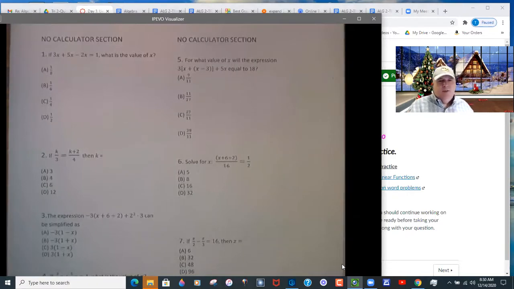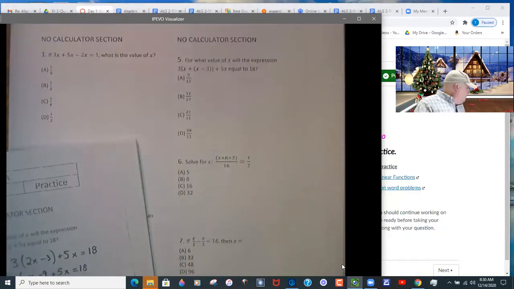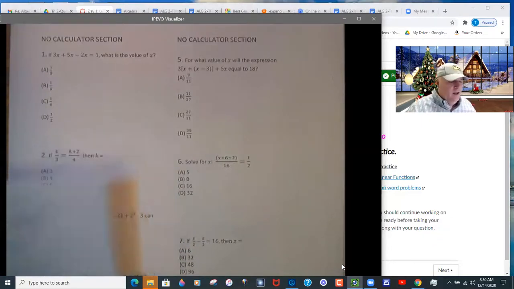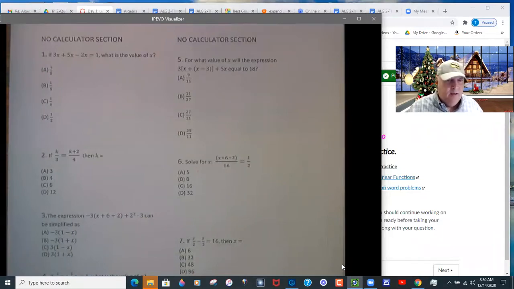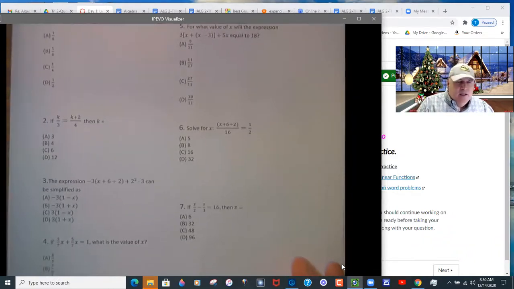That the SAT is absolutely psycho about fractions and having them multiply to eliminate fractions. And it's a big strategy. And I'm going to highlight that in a couple of these.